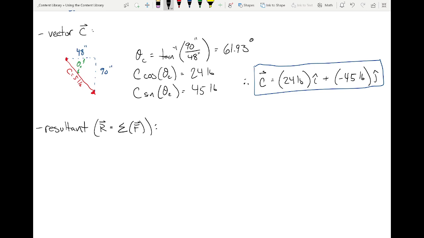So here's what I'm going to do. Here's the A vector, and let me go back so that I don't have to scroll up and down like crazy.